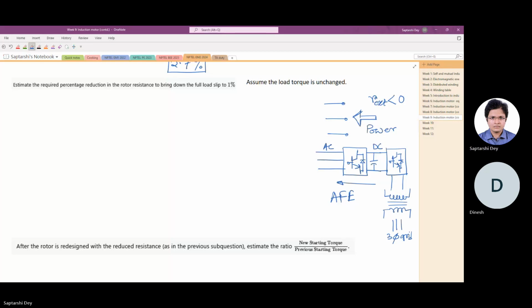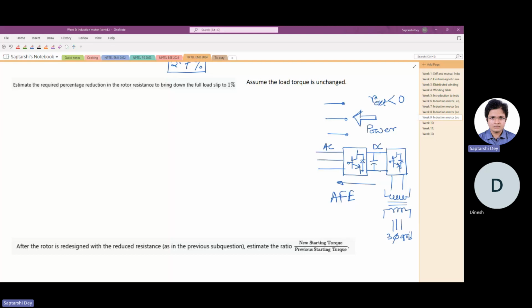Again, it's all about the flow of the slip power. Here the slip power becomes negative. It's going into the rotor.